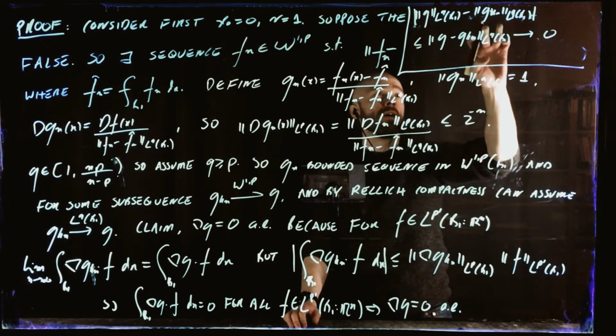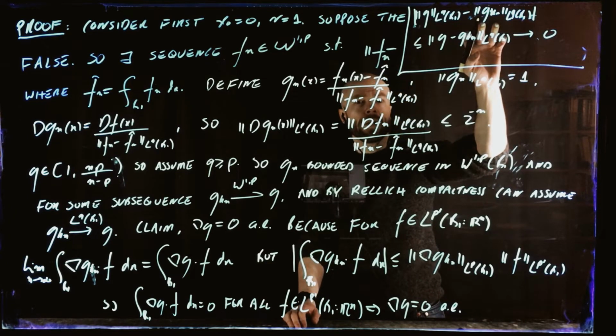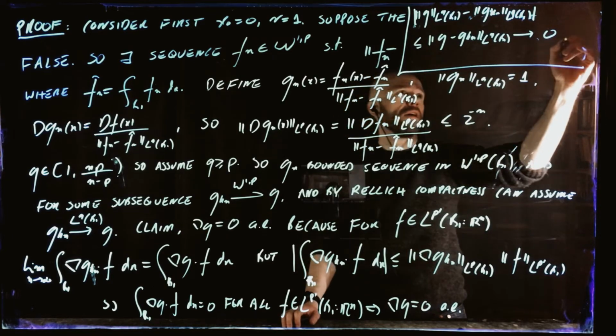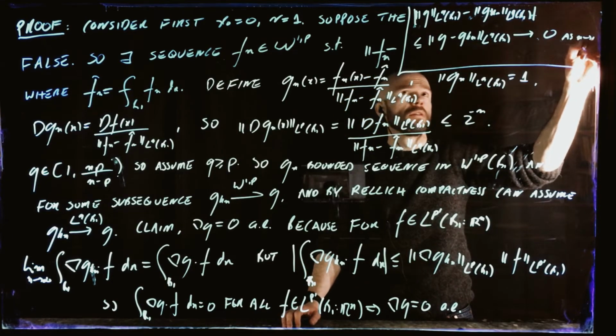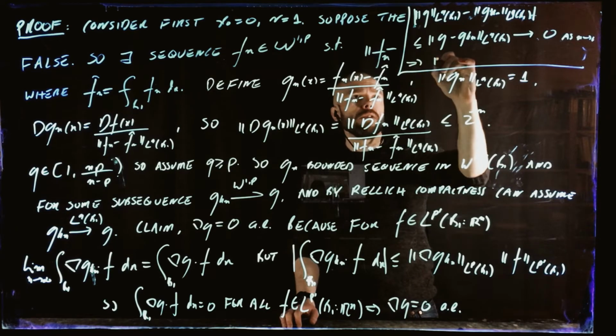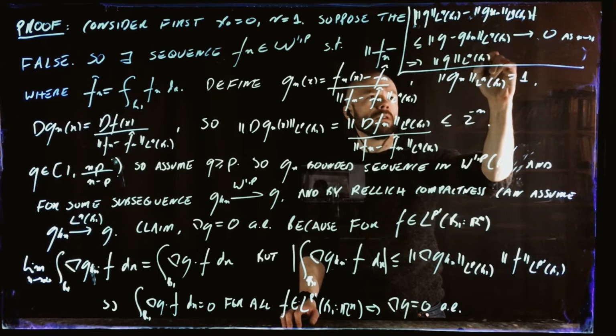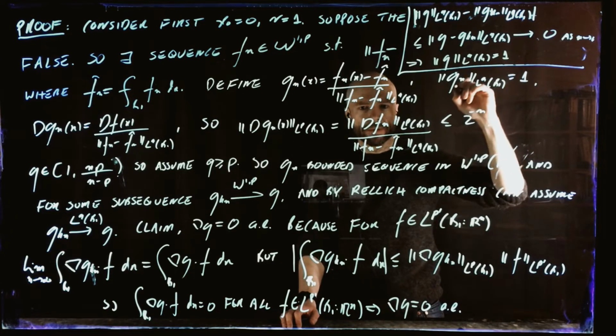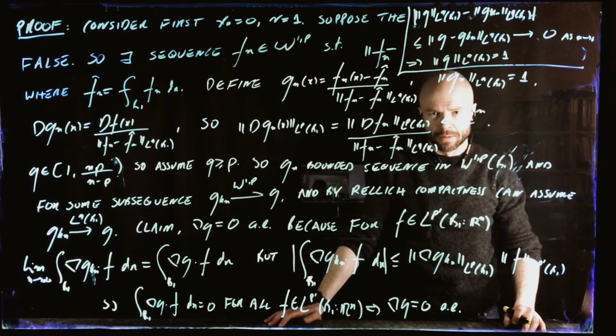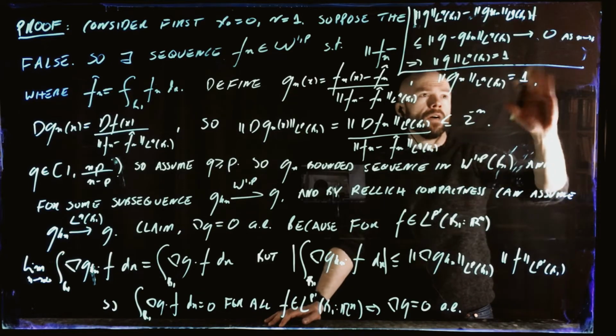That goes to 0. This thing is always equal to 1, so this implies that the actual L^q norm of g on the ball is 1. Everybody agree? All right.